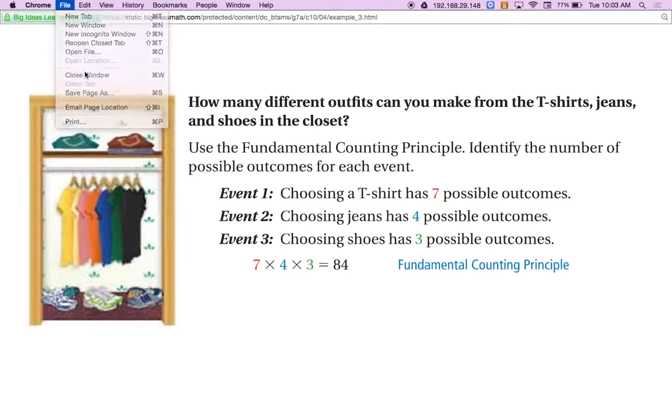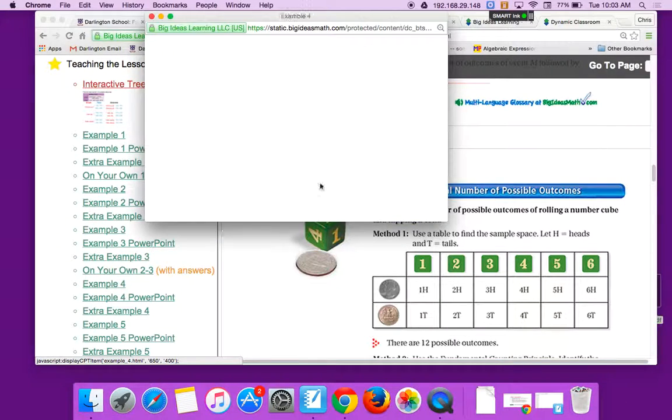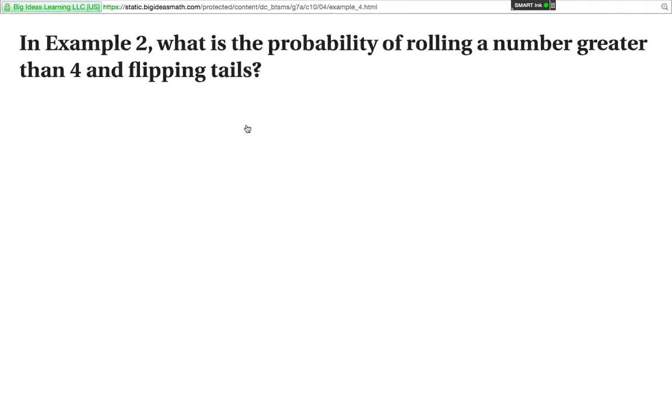The last one, I think is one more example here. Example number 4, actually there's 2 more. For example 4, what is the probability of rolling a number greater than 4 and flipping tails? If you think back to that last example, for rolling a number greater than 4, we have 4 possible outcomes: 5 heads, 5 tails, 6 heads, 6 tails.